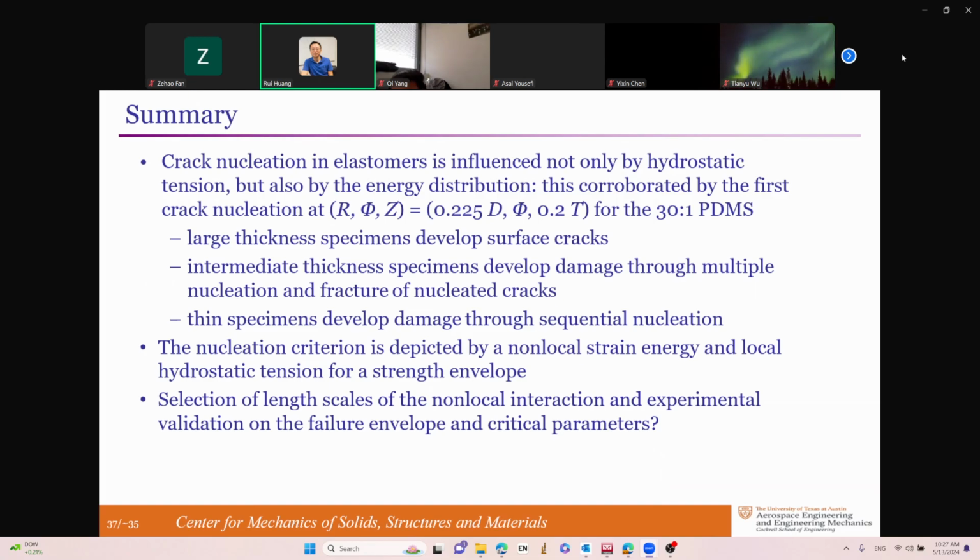Can I comment on that? Sure. If you don't think in terms of physical scales, molecules, right? With still in a continuum world, the role of compressibility will increase dramatically in thinner and thinner specimens.